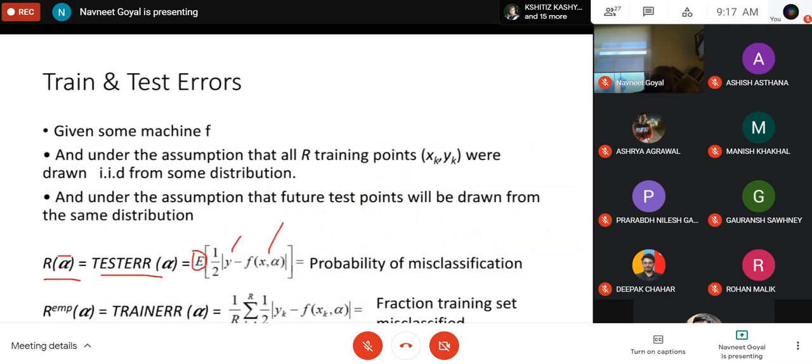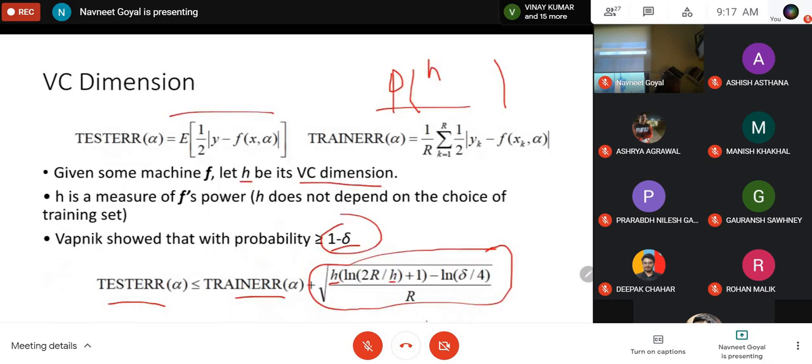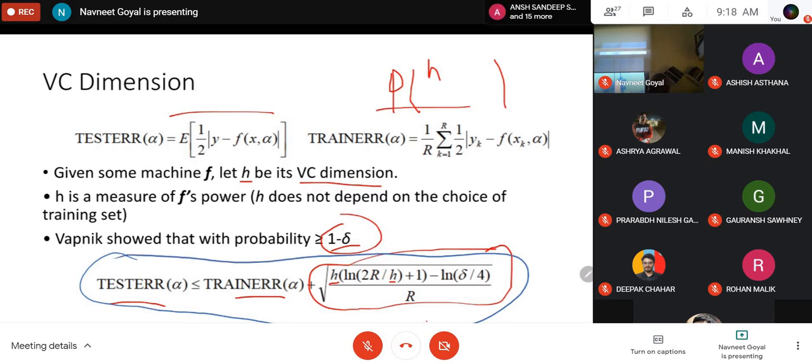Let me take you here. So train and test errors. We already know about these. This is the probability of misclassification, R alpha. Let me skip this for a minute, and I'll come back to this. What I want you to look at is right here at the bottom. So what do you see here?